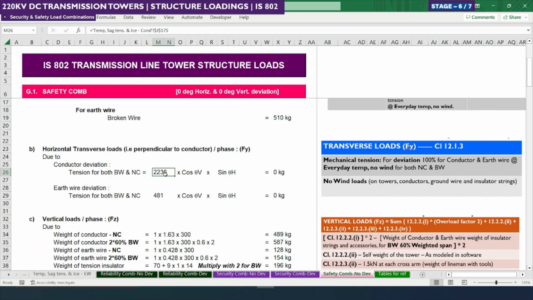For both cases the value remains the same. We are considering the deviation here as 0 degree, but the conductor and earth wire tension is as per everyday temperature, no wind cases.